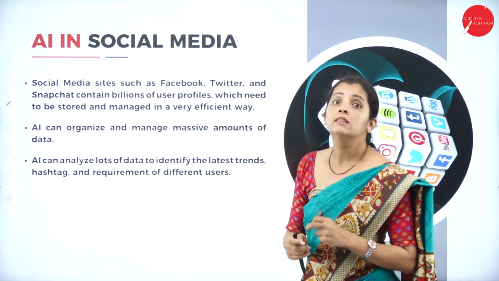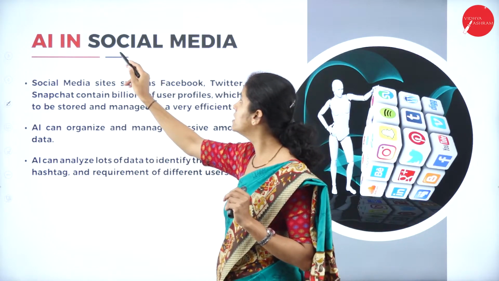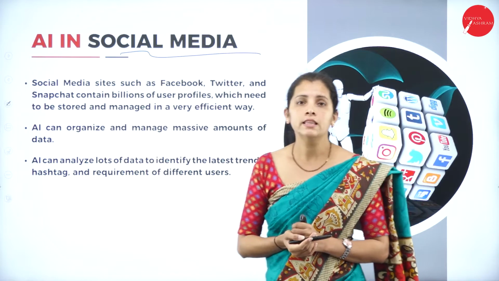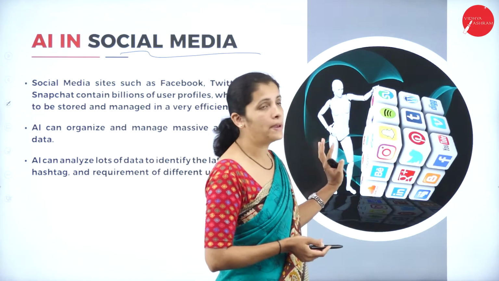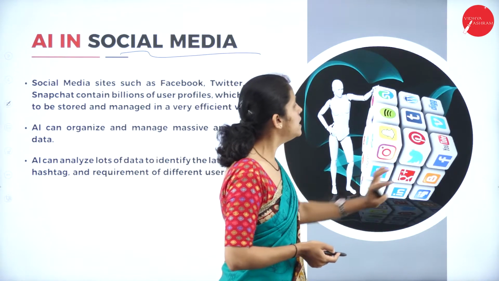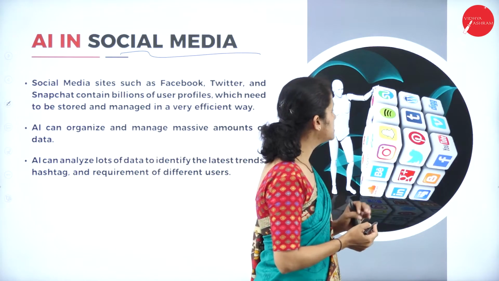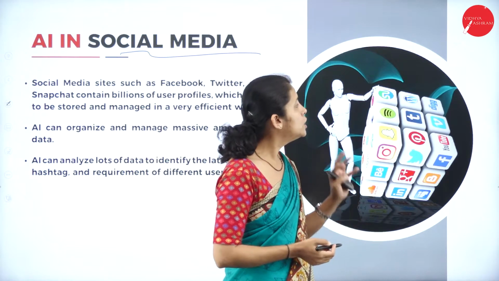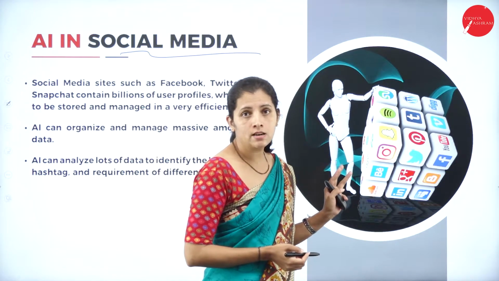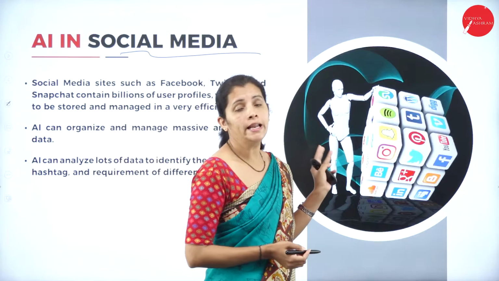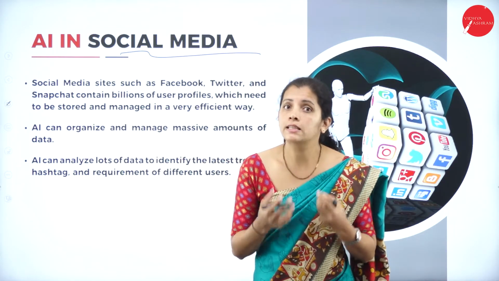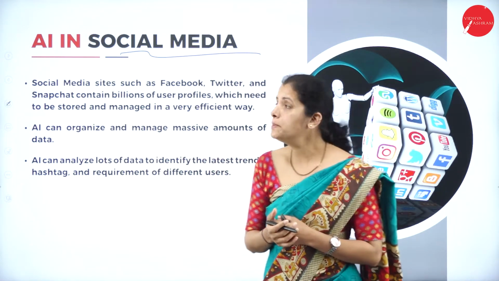Moving further, another application here is social media. If I consider this image, I have different kinds of social media, that is nothing but Twitter, YouTube, WhatsApp, Facebook, Telegram, Instagram. These are examples of social media.